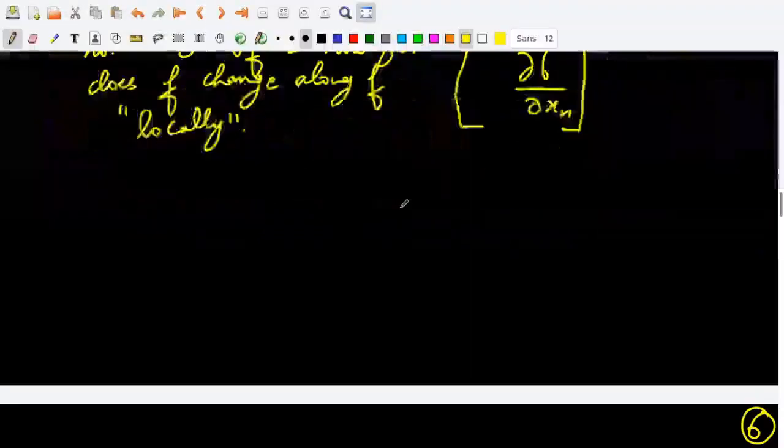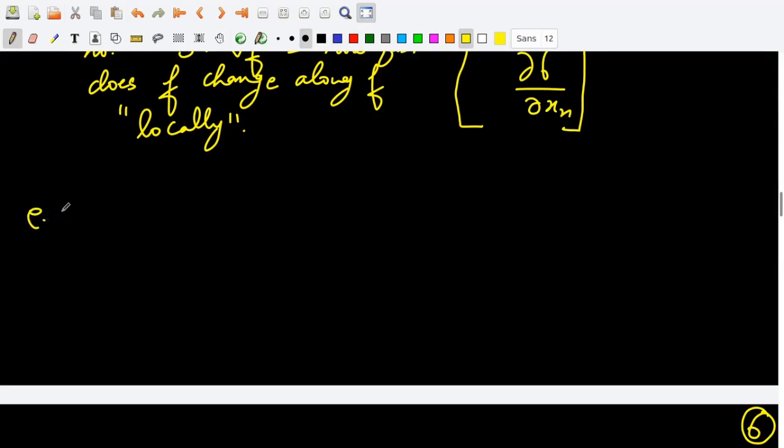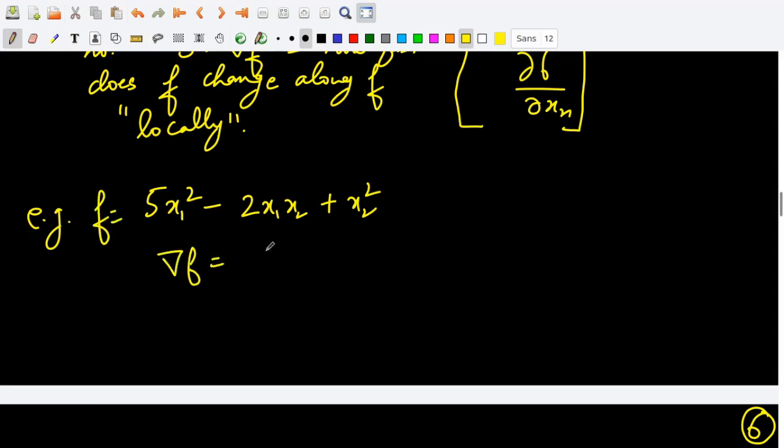So if my function is 5x1 square minus 2x1 x2 plus x2 square, then the gradient of f, you should be able to evaluate. It should be some expression, a vector of size 2, and you should be able to evaluate it at a given point.